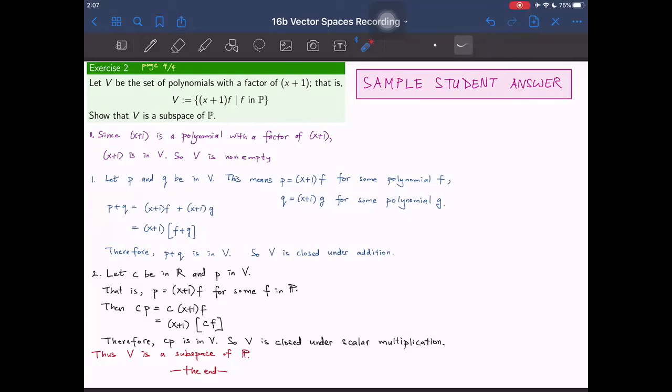To show that the set is closed under scalar multiplication, you always start the same way. Let C be a number and let some letter be in your subset, and then you do that number times your element, and you check that this new element stays in your subset. And you do have to check the rule of the subset. Once you do that, you show that this subset is a subspace of your bigger set.